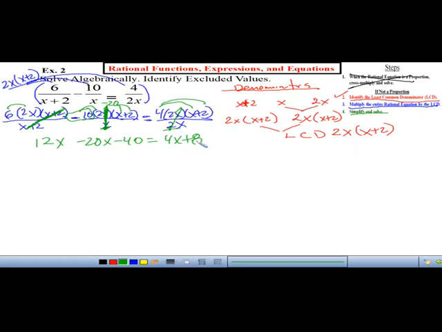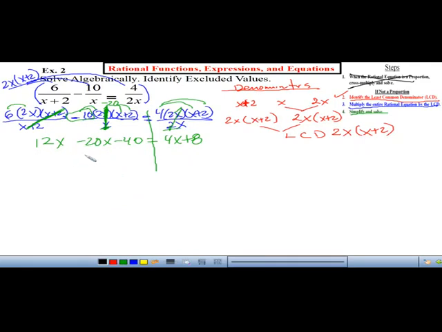Copy that. And at this point, now that we have a linear equation, now we can solve. And we're going to see if we can simplify one of the sides a little bit more. Can we simplify the left side a little bit more, Victor? Yeah, what can I do? You could multiply.